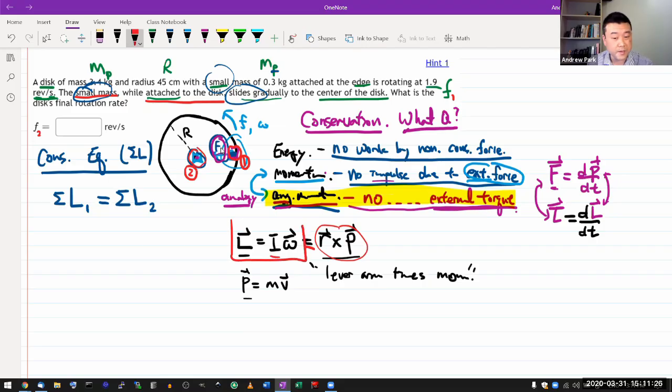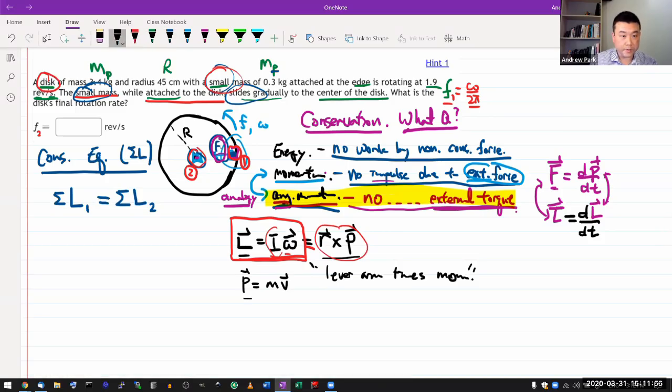That is the case here, because with the disk and point mass, we can figure out the rotational inertia relatively easily. And we are given the frequency, which is easily related to the angular frequency by a factor of 2 pi. So let me use this expression for angular momentum.